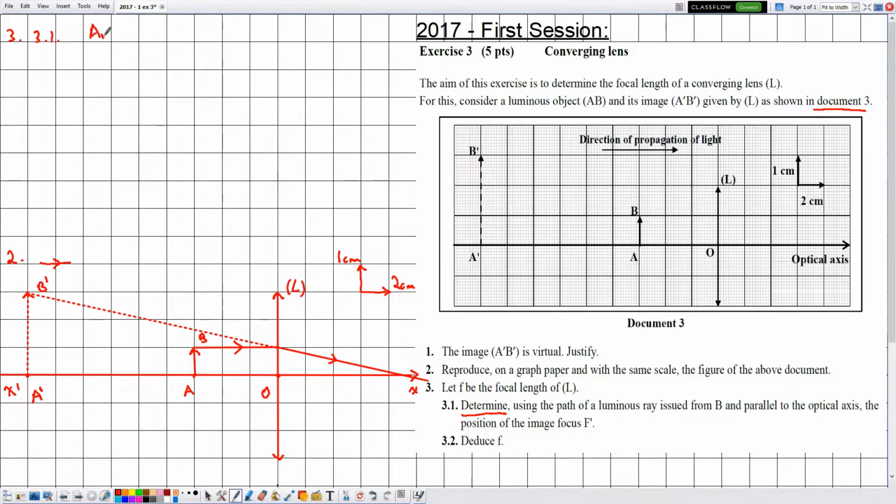Okay, an incident ray issued from B parallel to the optical axis emerges as if coming from B prime.